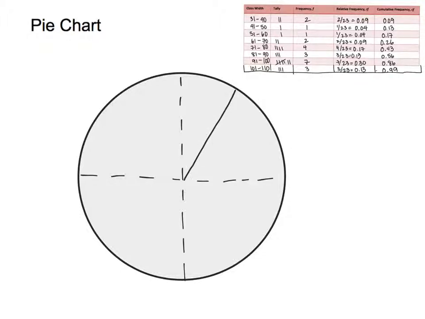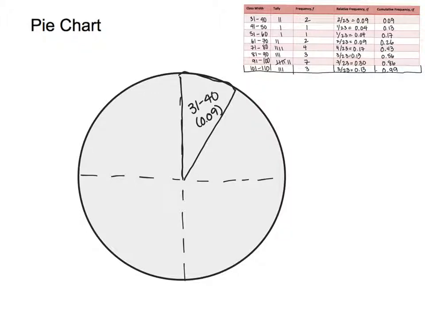Doing a little guesstimation here. So I'm going to designate this spot right here to be 31 to 40, and I am going to write the percentage here, or the decimal value, so that way you guys can see how much that is designated for.